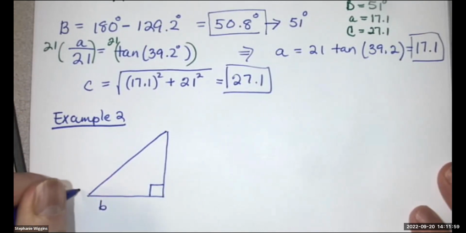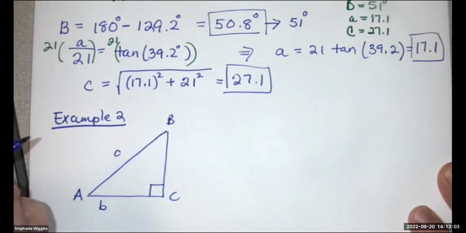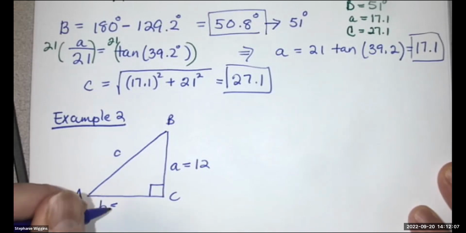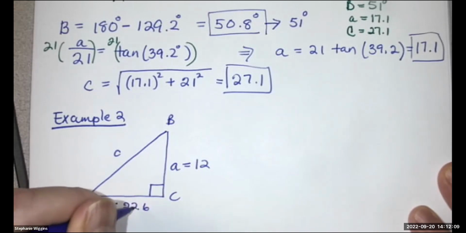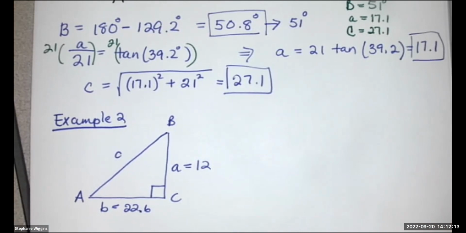So this is A, B, C. A equals 12 and B equals 22.6. So again, to solve these, you just need 3 pieces out of 6.